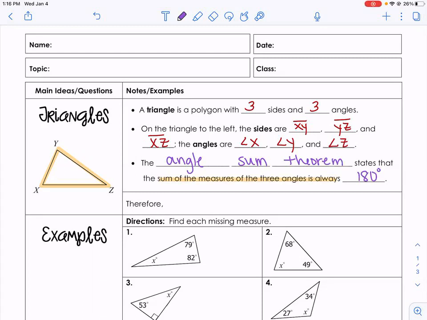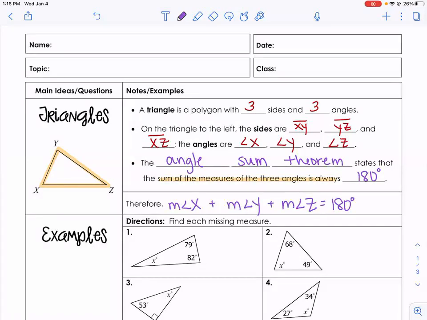Okay. So in this triangle on the left, we know that the measure of angle X plus the measure of angle Y plus the measure of angle Z is going to equal 180 degrees. Measure. So we put an M there because it's the measure. It's going to be some sort of number. Okay.